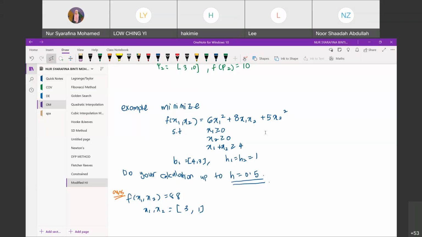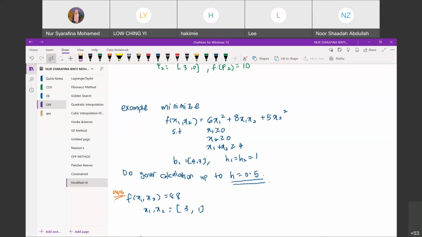All right, so we have finished constrained optimization. We have Lagrange, Kuhn-Tucker, and also this modified Hooke and Jeeves. We are going to use these three methods for your final exam. There's still one method, which is the penalty function.